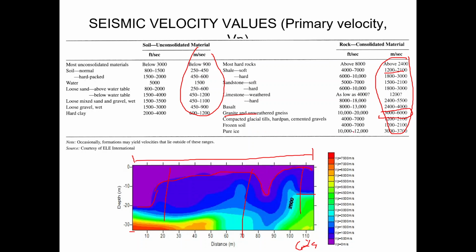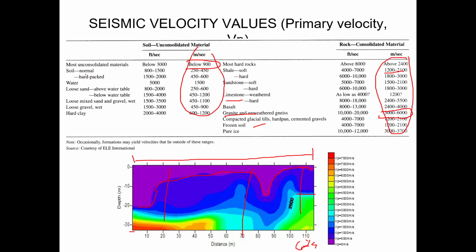Frozen soil is normally higher. For limestone, 2000 to 4000. But most unconsolidated material is below 900. Unconsolidated material means sand, clay, silt, which is not rock.